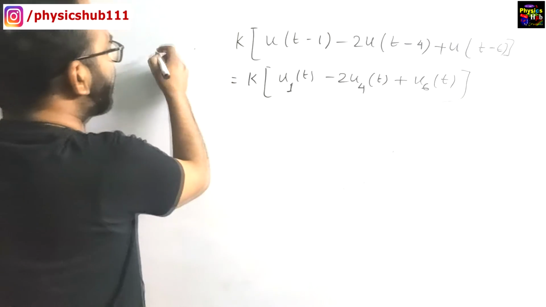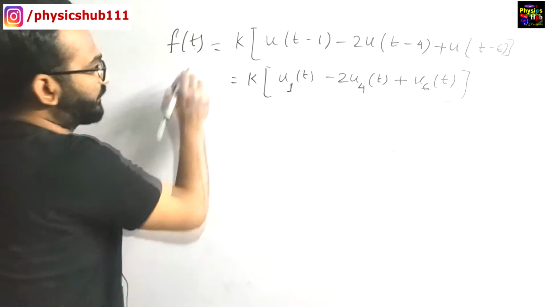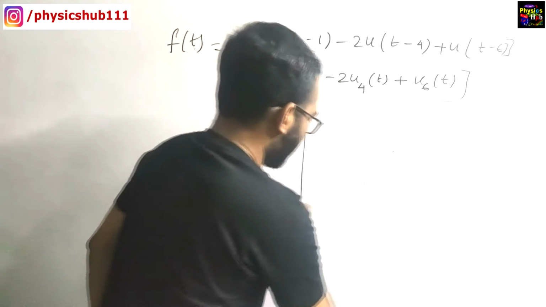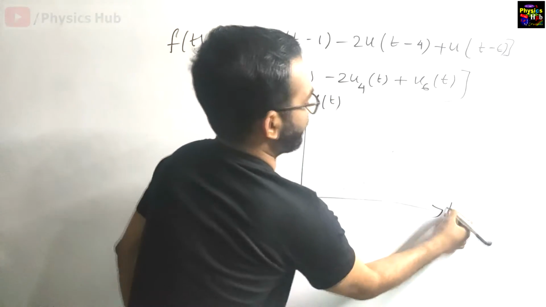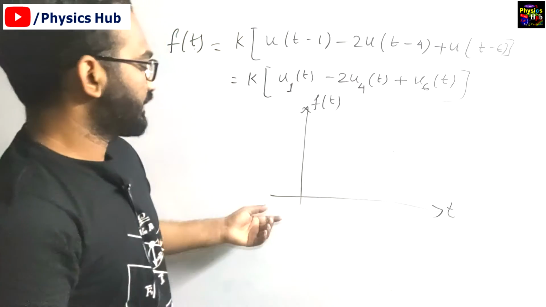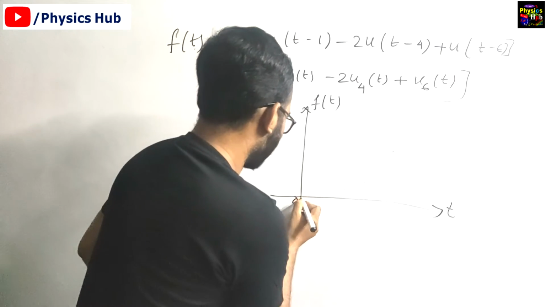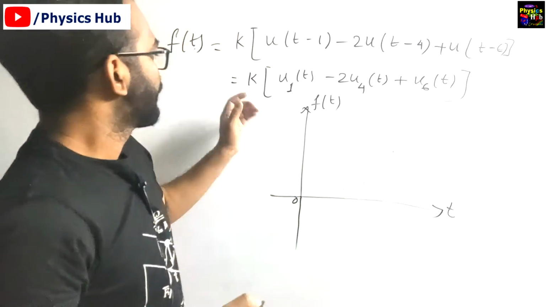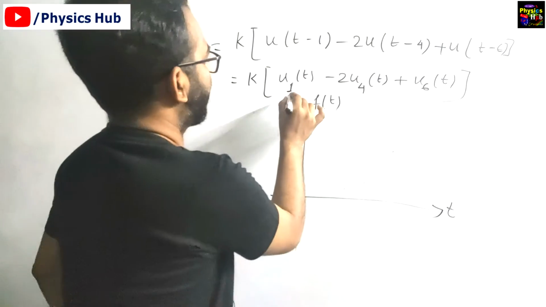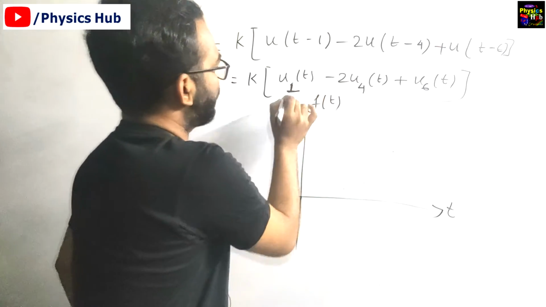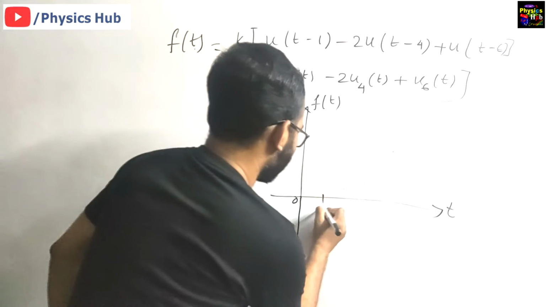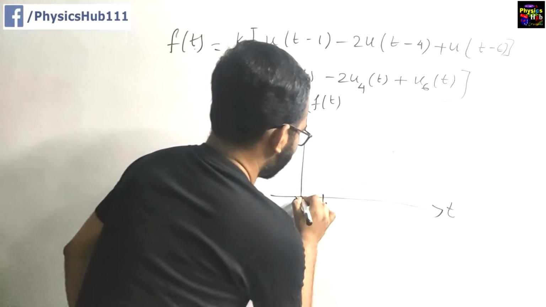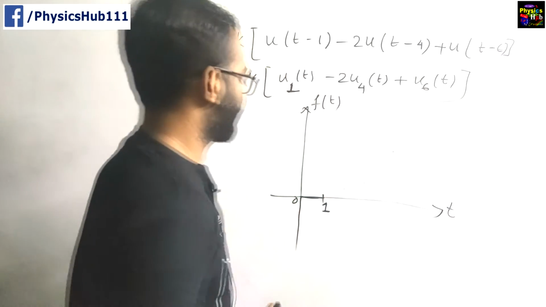We name this function f of t, and we plot f of t versus t. Let's start with 0. k into u1 of t has value 0 before t equals 1, so the function will start like this.